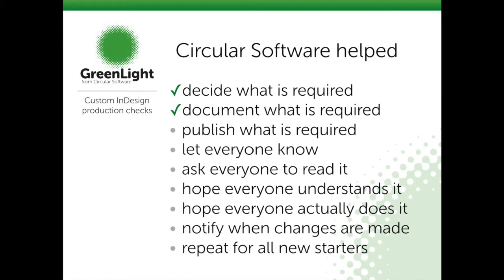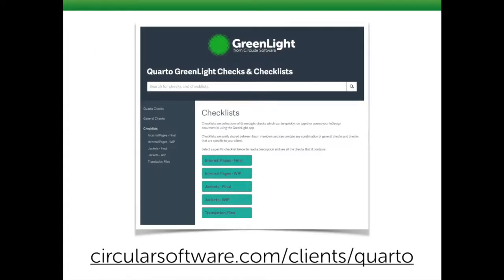Circular Software has helped recommend and document what is required, and we've published it. The next challenge is to get everyone to actually know where it is and to understand it. As well as that PDF file creation policy, there's also a support site.